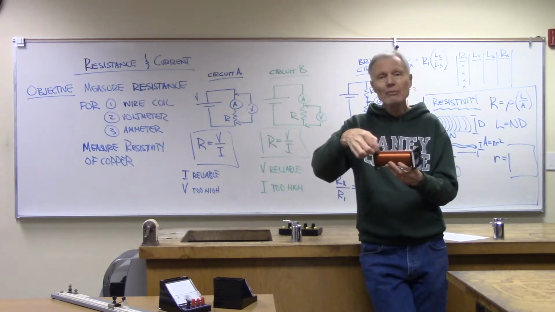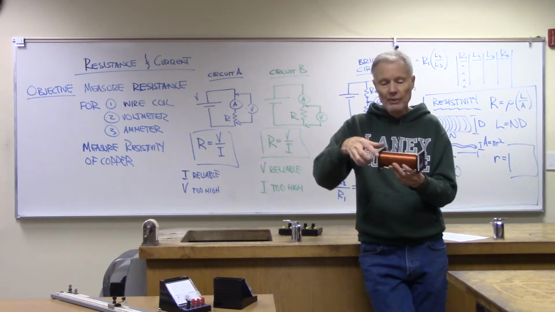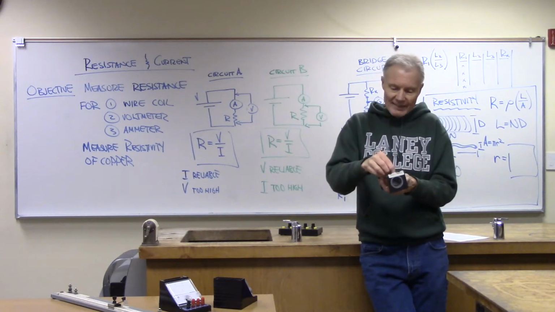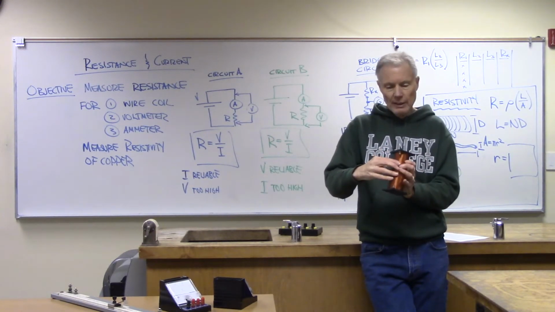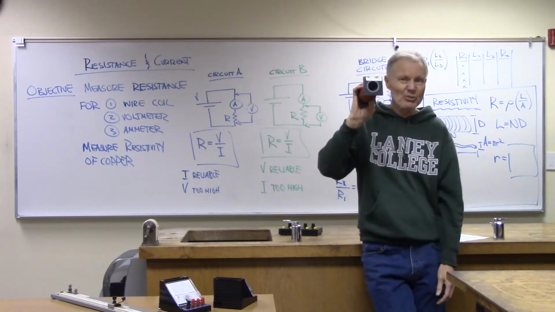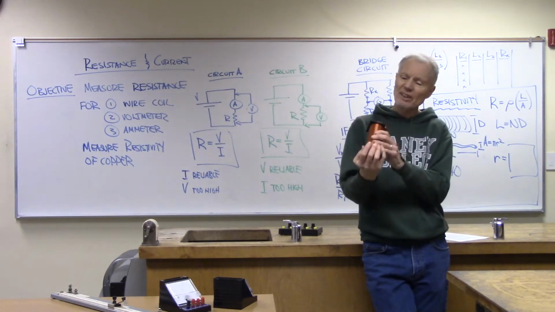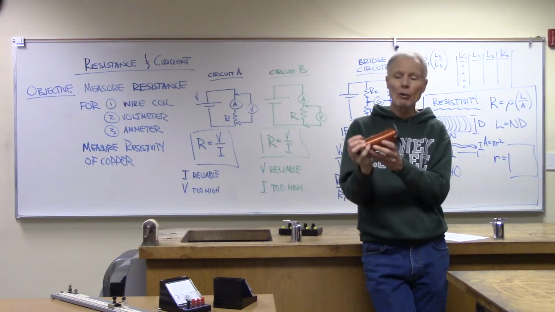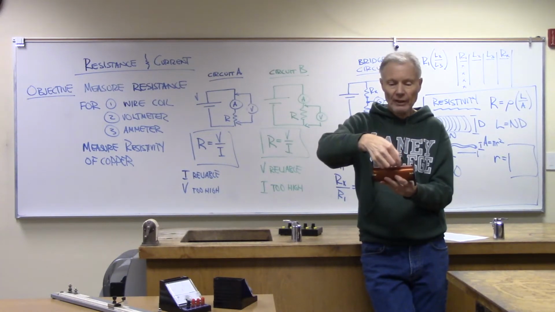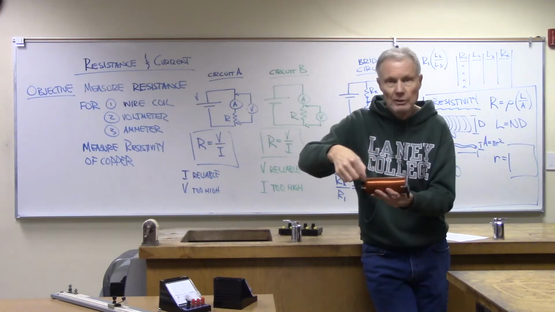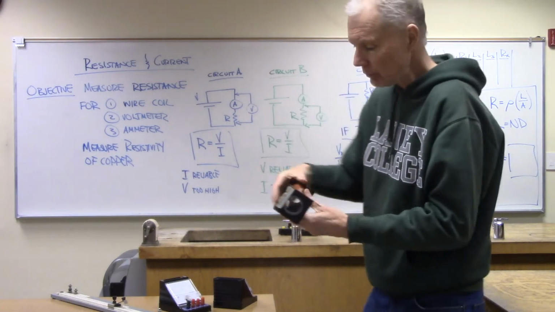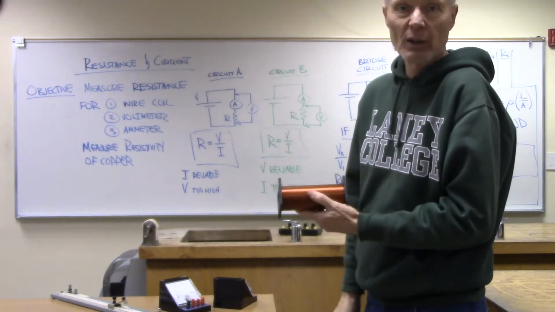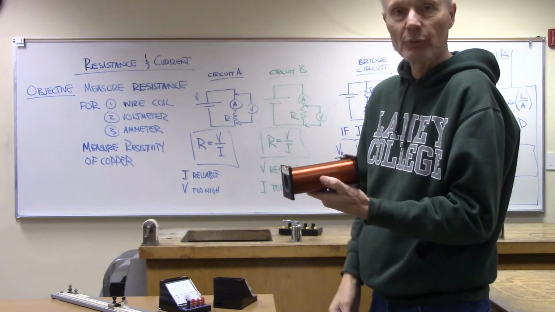There are actually 5 layers of wire on this, and I counted across here, and it says 560 turns. There are like 112 loops that are visible, and then there are 5 layers. 5 times 112 gives us 560.